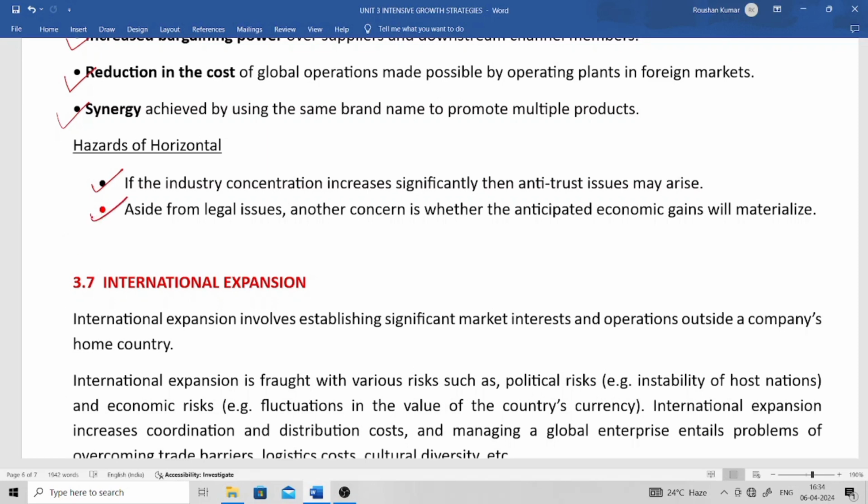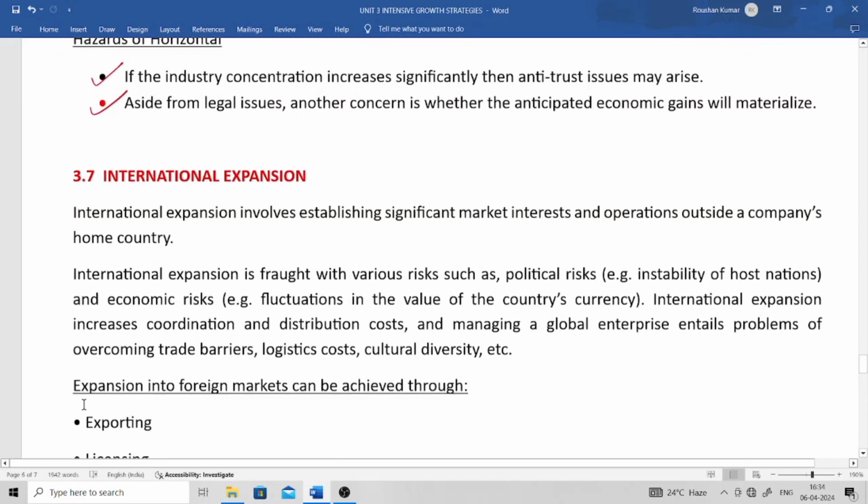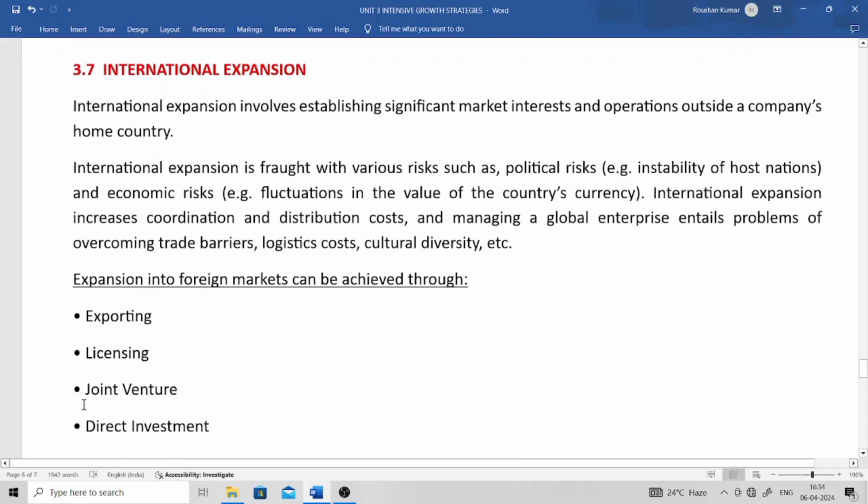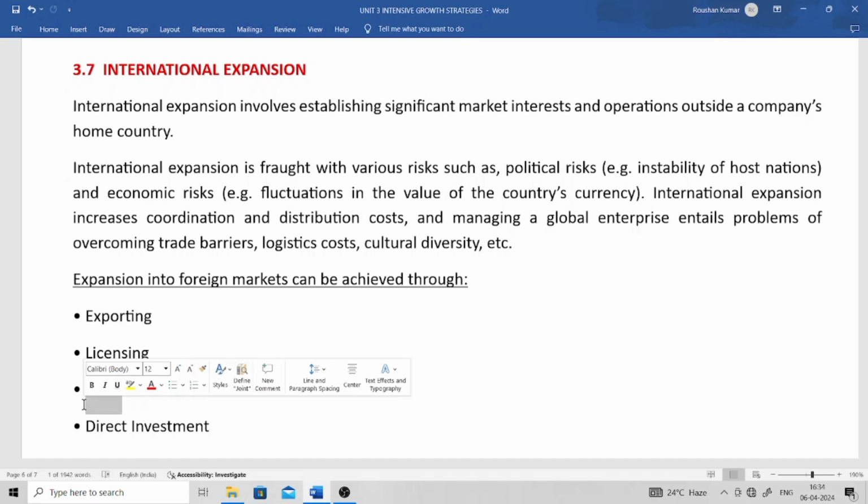It means if any particular company tries to establish significant market interest and operations outside its home country, then that is international expansion. International expansion is fraught with various risks. So there are various risks in international expansion.